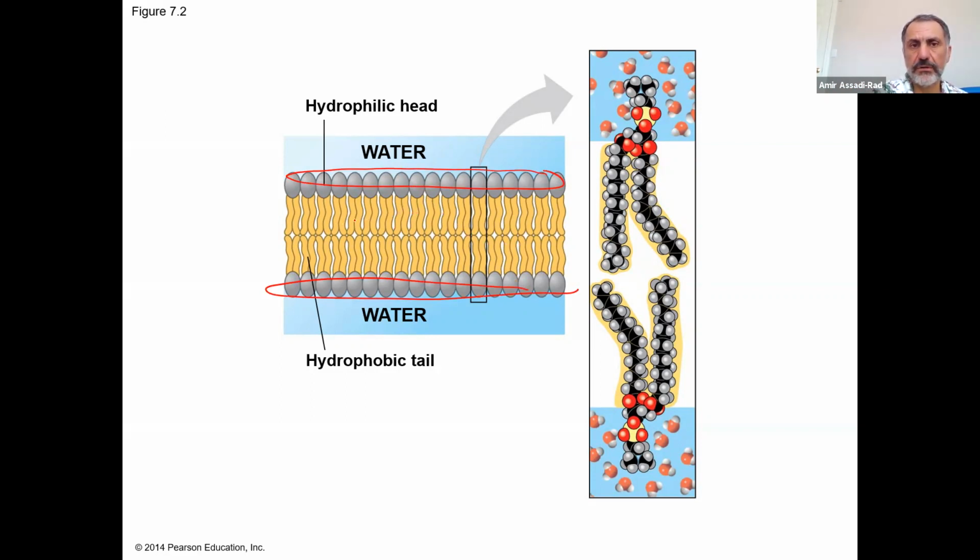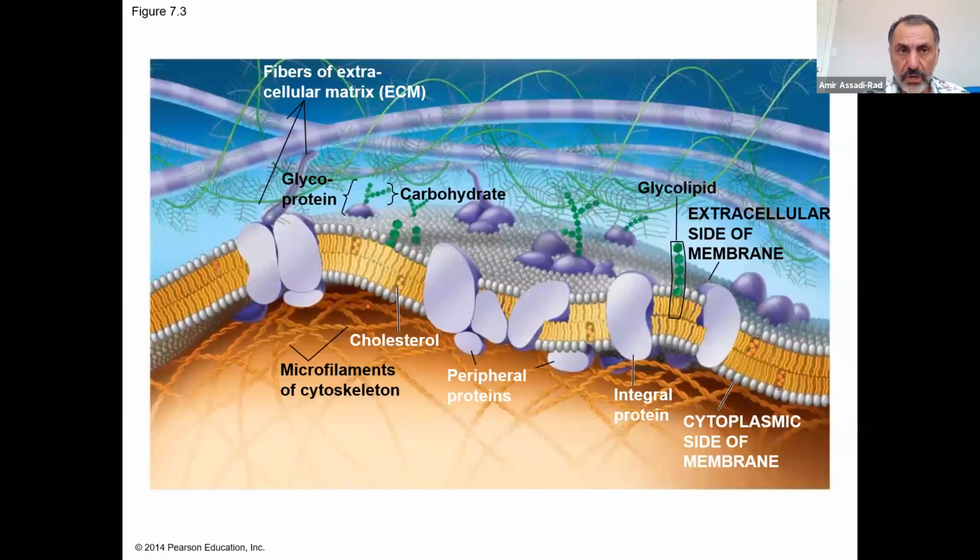Okay, these are hydrophobic tails, and then of course outside of the cell is water. As you can see, inside of the cell is also water. We talked about this a little bit in the past, and this is putting everything together for you guys.